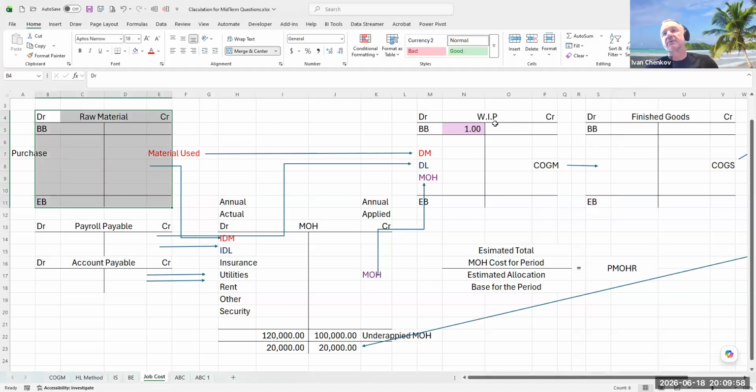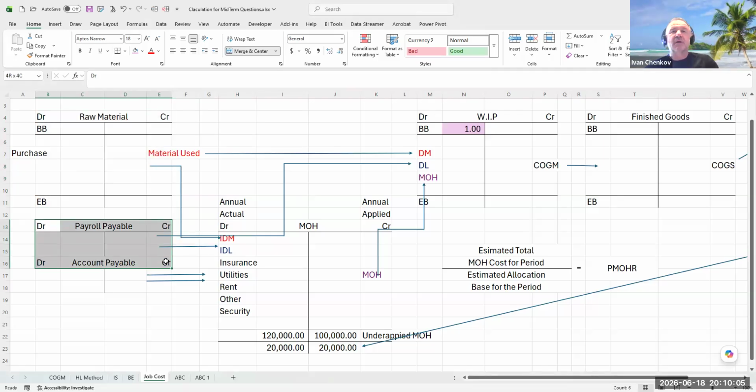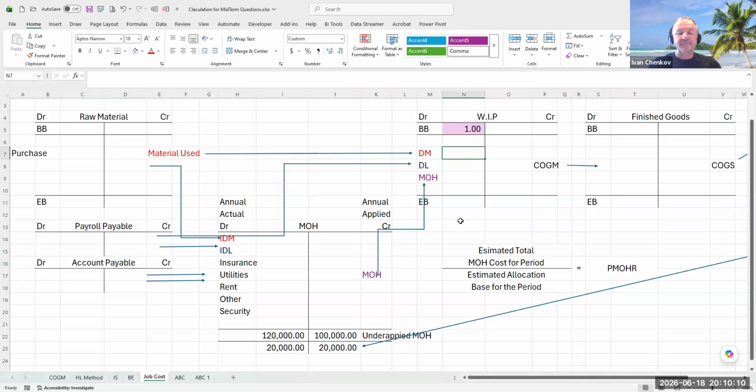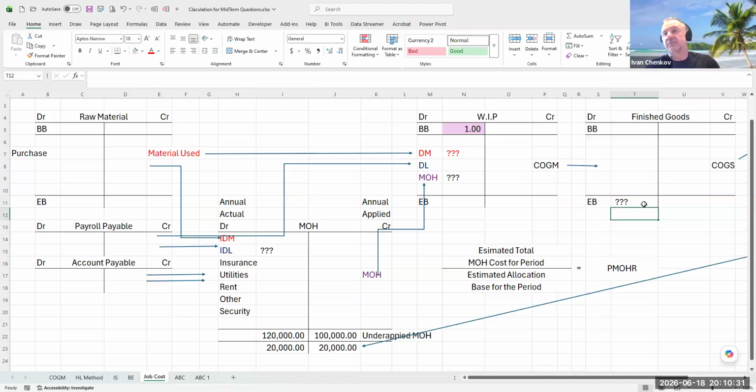You're going to have all the accounts: raw material, work in process, finished goods, and payroll payable. And they're going to start asking you different questions. What's the direct material used? What's the indirect labor used? What's the manufacturing overhead applied? What's the ending balance of the finished goods? Something like that.